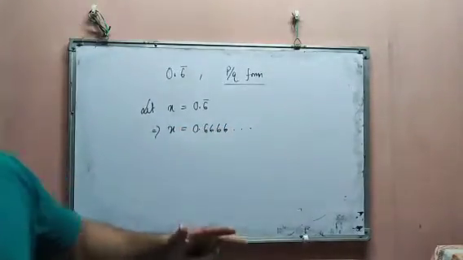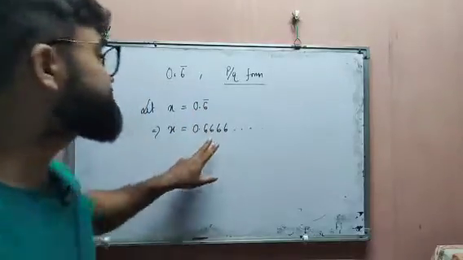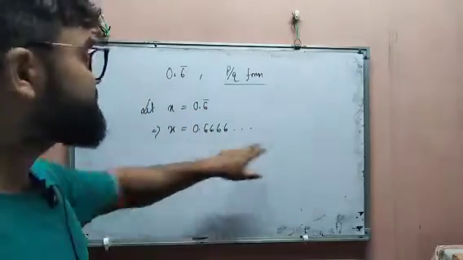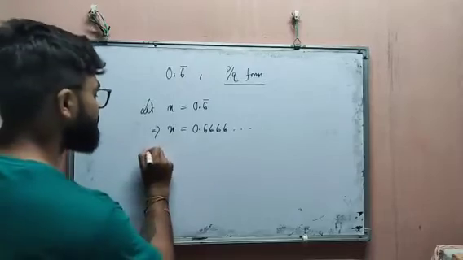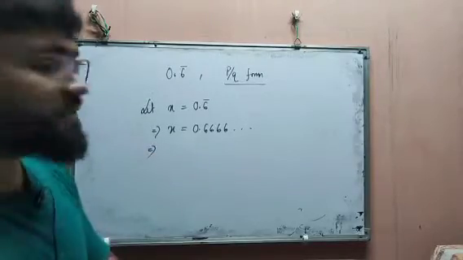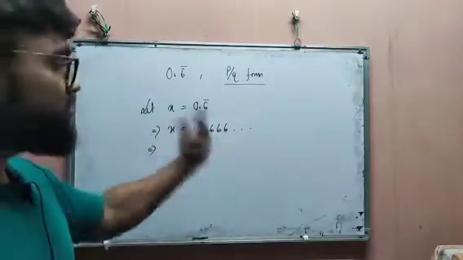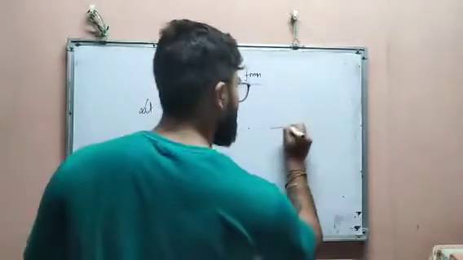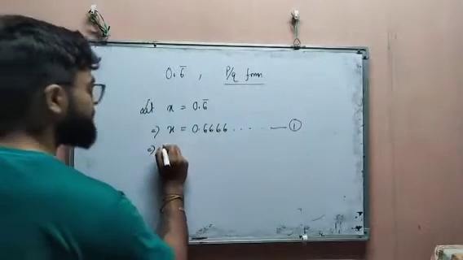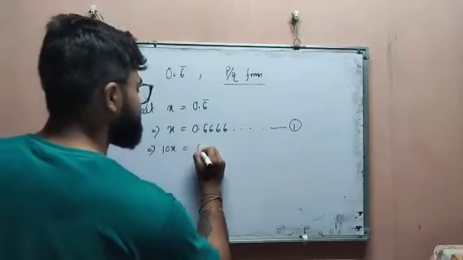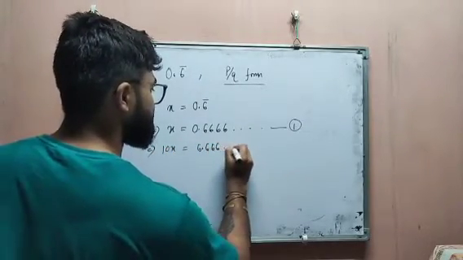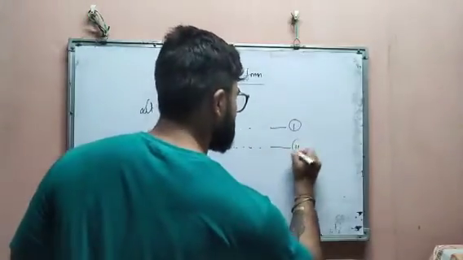The bar represents that the 6 is repeating, so I can write 0.666 dot dot. Now how many numbers are repeated? Only one digit is repeated, so we need to multiply this by 10. So give this equation number 1 and again 10x is equal to 6.666, give this equation number 2.